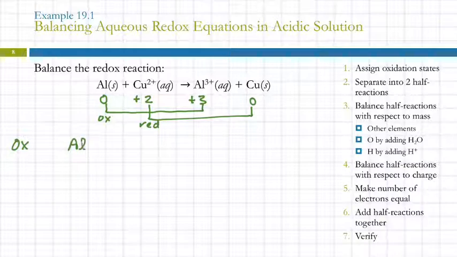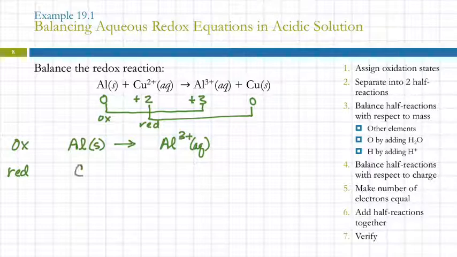We've got Al going to Al3+. And then the reduction is the Cu2+ going to Cu. Everybody okay with that?